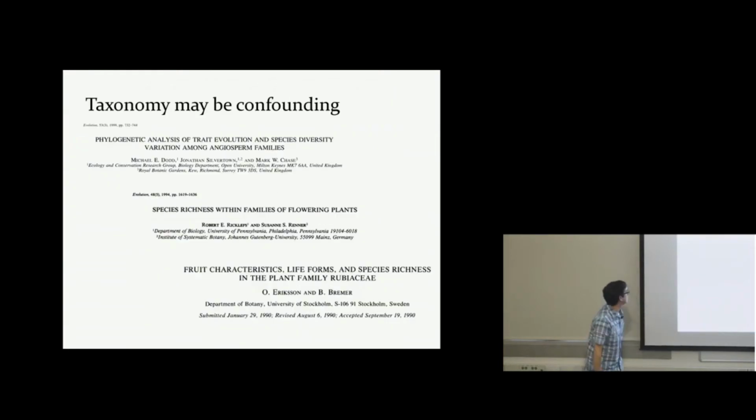But to the extent that people have actually looked at this correlation, it's mostly confounded by taxonomy. Each one of these titles here of really prominent papers on this topic has really just focused on examining particular families or taxonomic ranks. What do I mean by that?